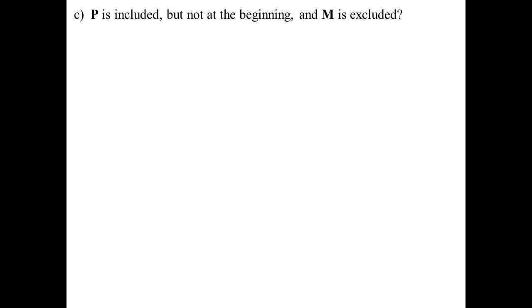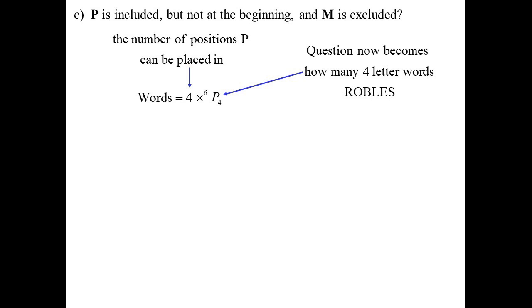P is included, but not at the beginning. Oh no, P's had its turn at going first. But M, oh no, we don't like M. Can't use the letter M. So alright, look after the restrictions. P is included but not at the beginning. Well, that means there's 4 spots I could put the letter P. It's alright. 4. And M is excluded.